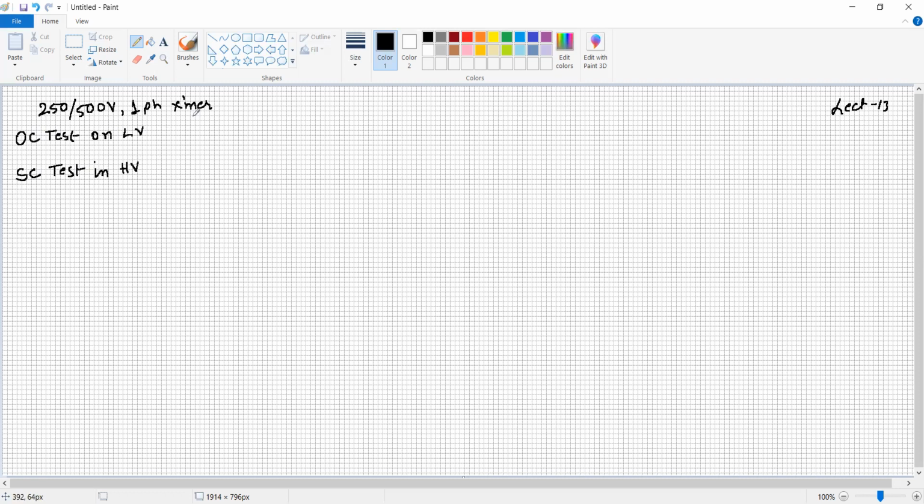Okay, so on LV side, definitely it is the low voltage side, 250, so rated voltage will be there: 250 volt, 80 watt and 1 ampere. Here notations are not used, but it is clear. Say it is V0, it is W0, and it is I0.